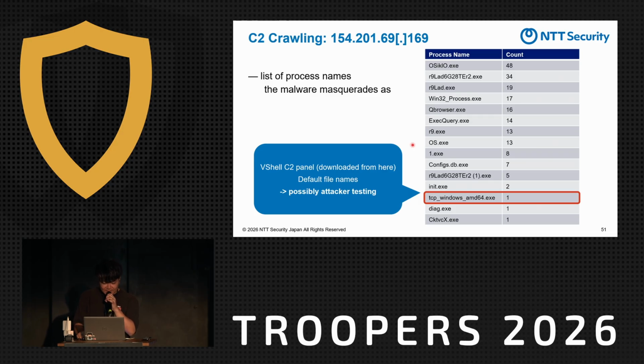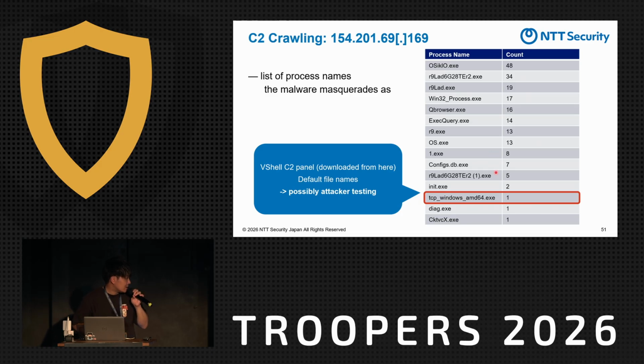Another important observation is that some of these names match the default file names available from the vShell C2 panel. This indicates the attackers may be using the tool as is, or that the infrastructure could still be in a testing or setup phase. Overall, analyzing these process names provides insight into the attacker's operational practice and level of sophistication.